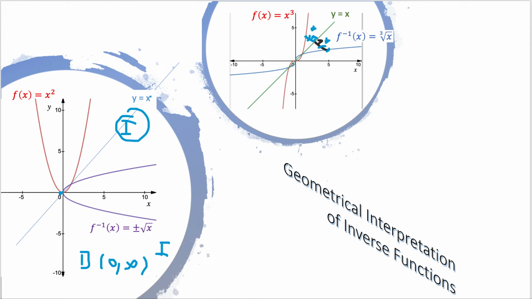If we look geometrically at how it's interpreted, the function f of x is symmetric with respect to y equals x with its inverse function.